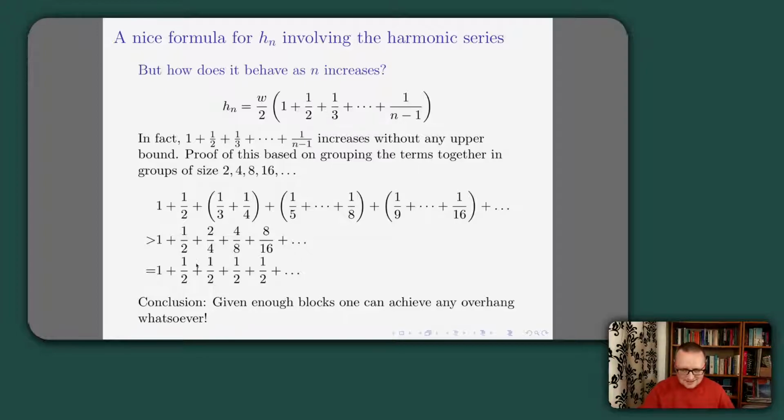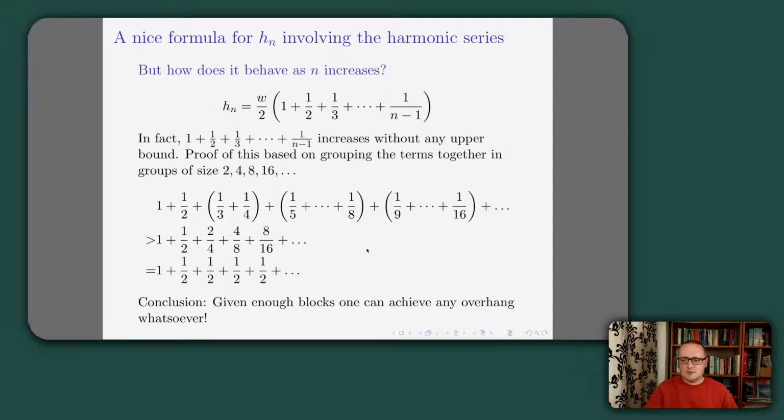Now, of course, these quantities are just 1/2, 1/2, 1/2, 1/2. 8/16, 16/32, 32/64, 64/128, etc. So what we seem to be saying is that the whole infinite series is strictly bigger than 1 plus 1/2 plus 1/2 plus 1/2 plus 1/2, and the halves never stop.